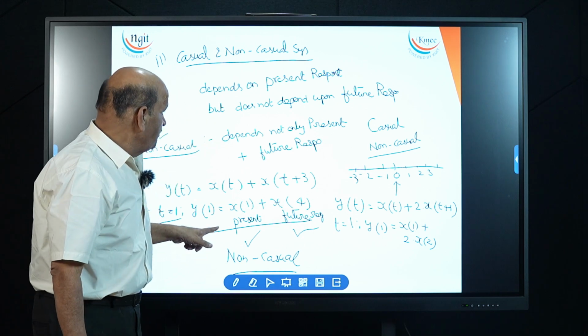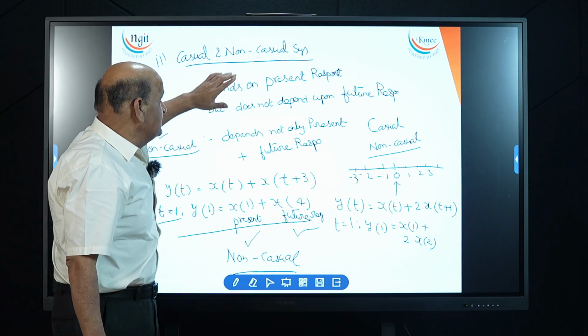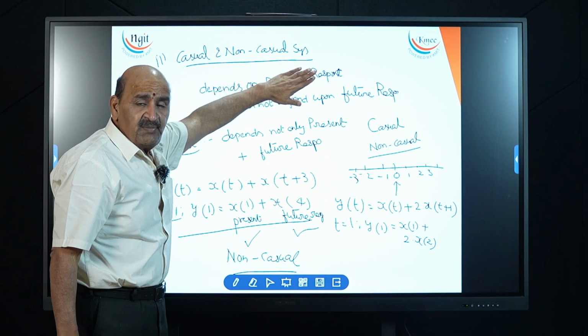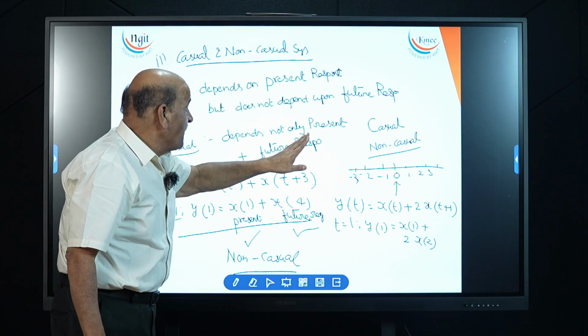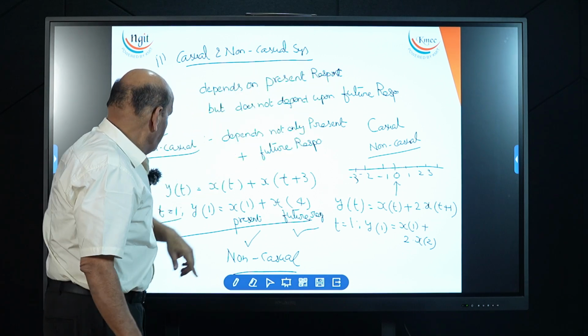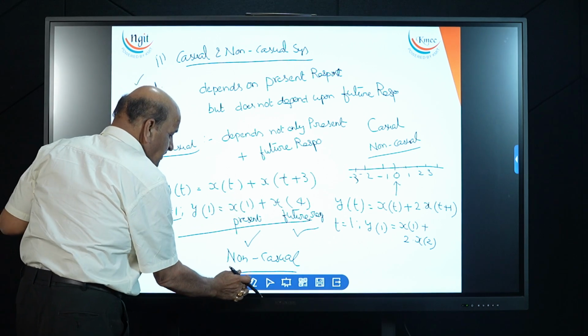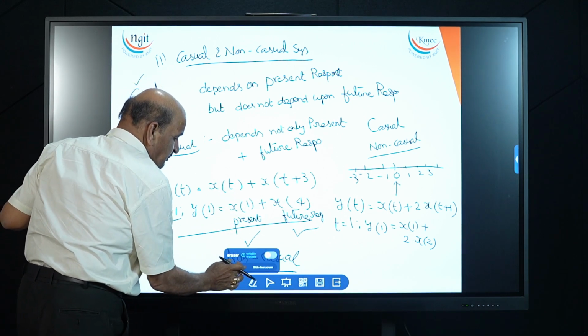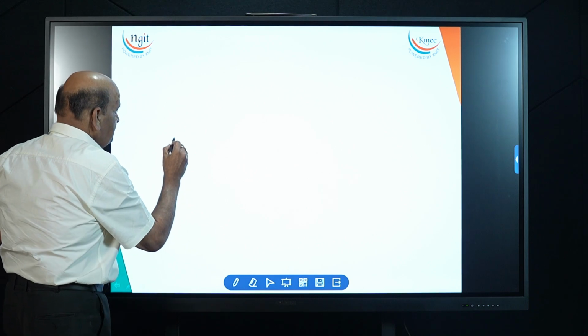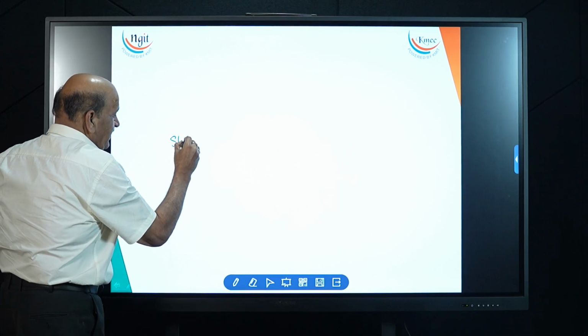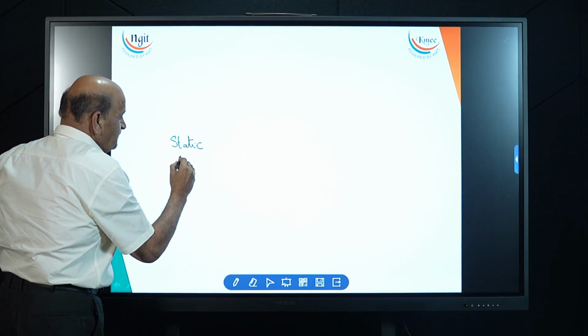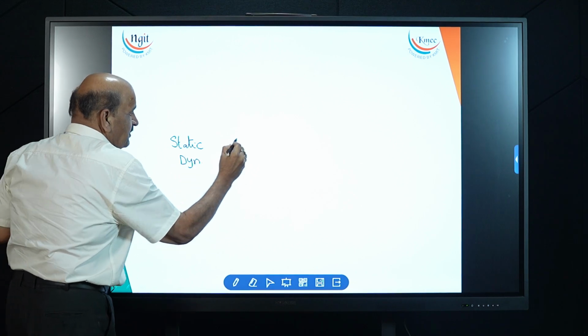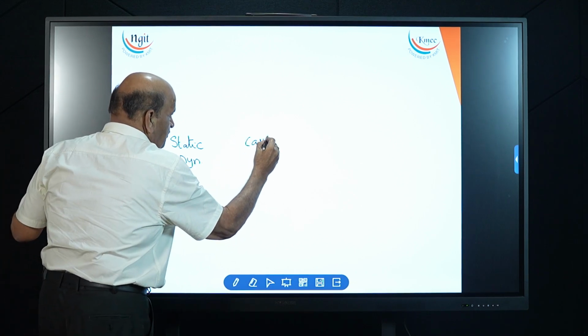So one thing you have to note: causal means the system not only depends upon the present response but also on the future.